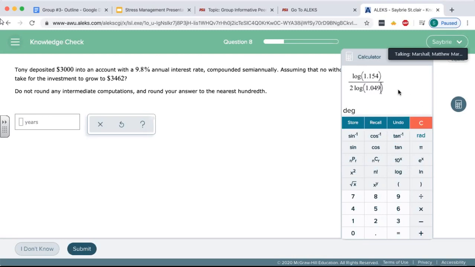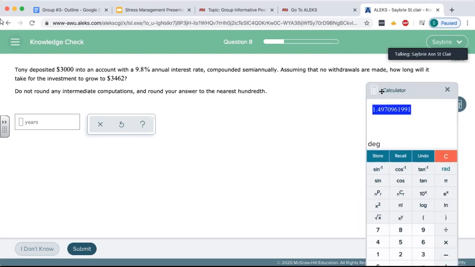There you go. Cross your fingers. That looks reasonable. Nearest hundredth. Yeah, good job.